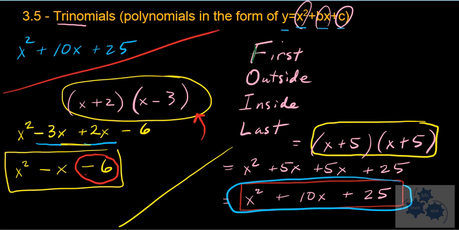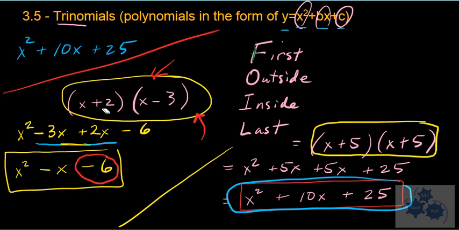What's the connection between negative 6 and what you see inside this yellow circle up here?